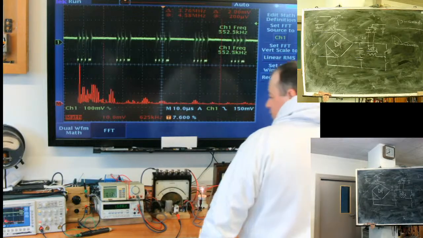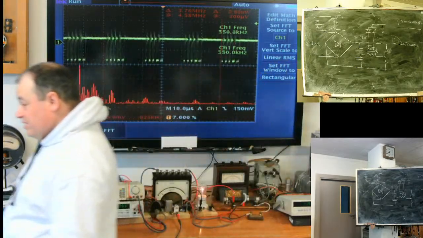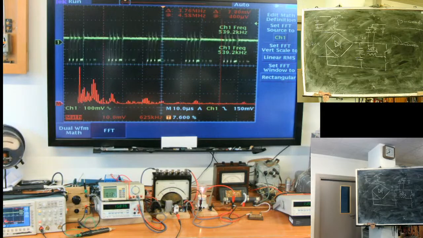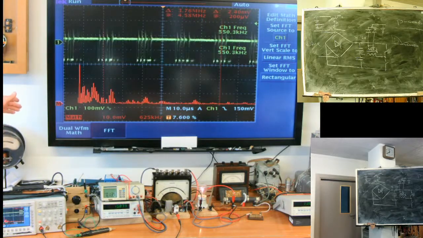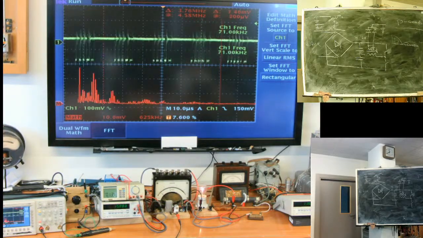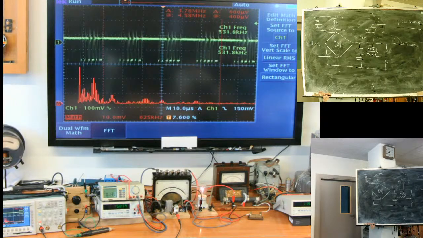So if you want to kill your physics teacher, show a PWM circuit. Ohm's law is not working.